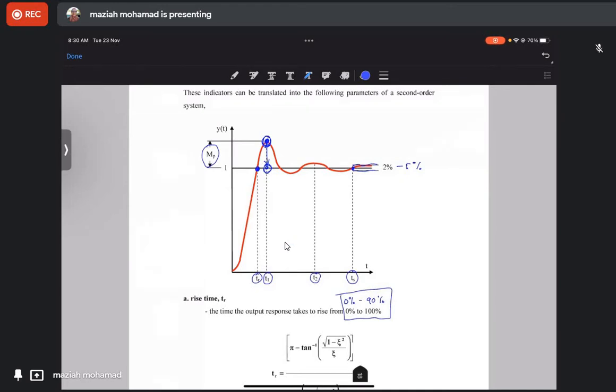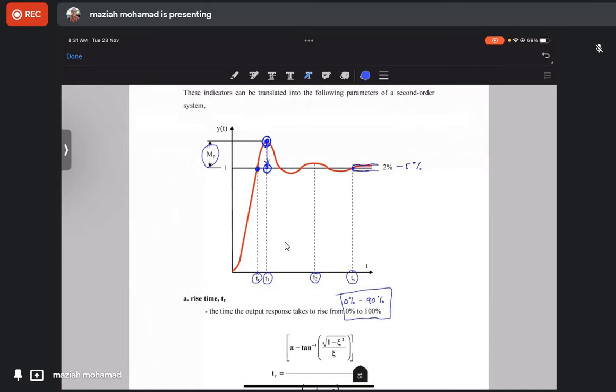So if it is already reaching 0.98, I think it is 2%, 0.98, it is considered to be reaching the final value. The specification, meaning your system, will define whether it is 2%, 3%, 4%, or 5%. It will be based on the requirement of the system. Some systems allow a higher region, meaning 5%. Some systems will have a very strict region, which is 2%.